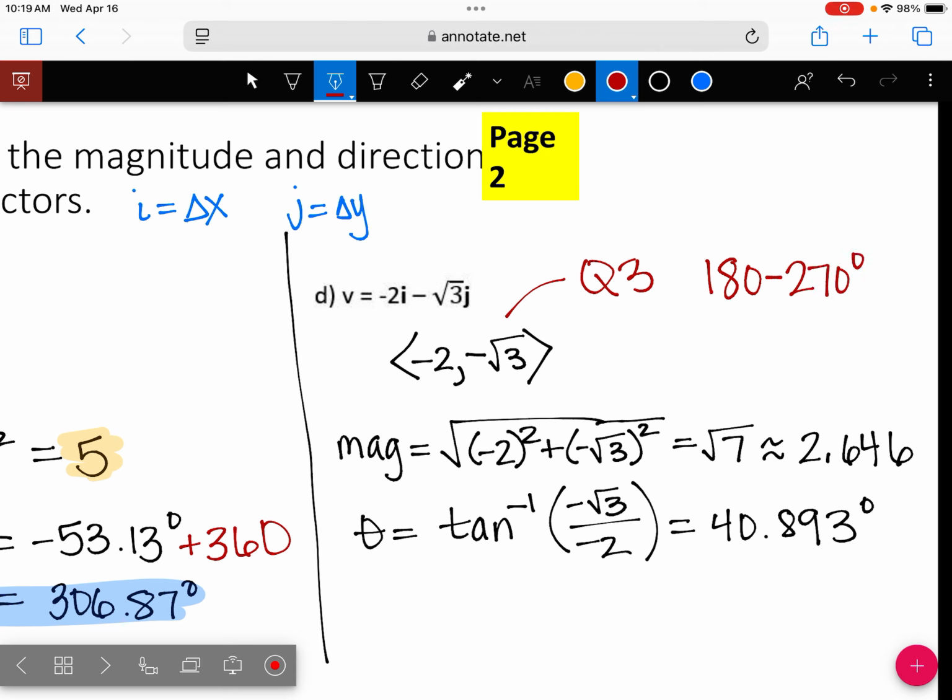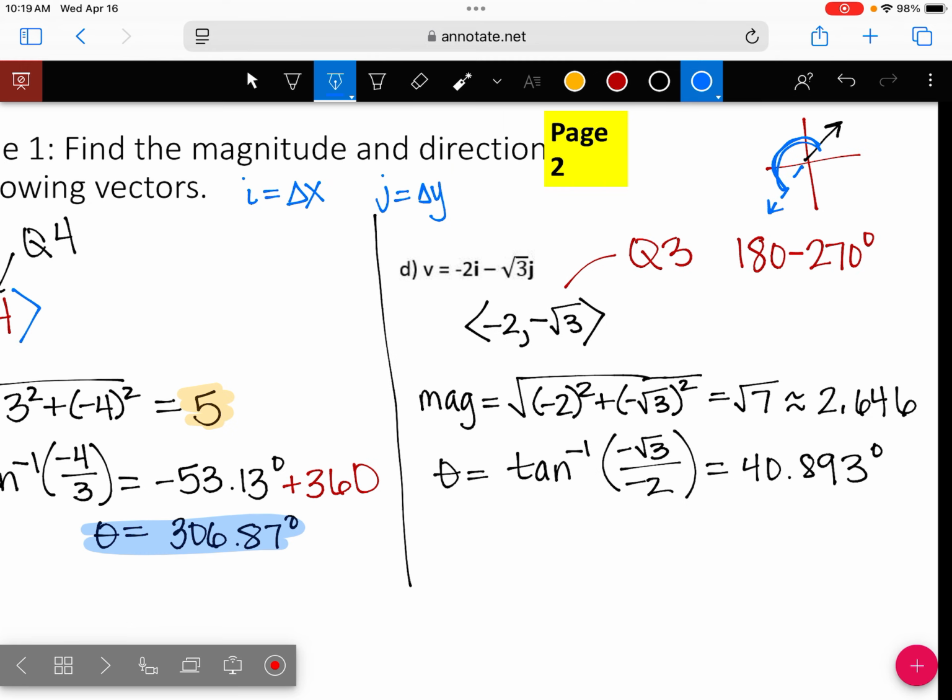So what we actually have to do is, our vector is here. We need to reflect that going here, which means I have to add 180 degrees. So this time I'm adding 180. Now, when you are doing your direction, you will only add 180 or 360.